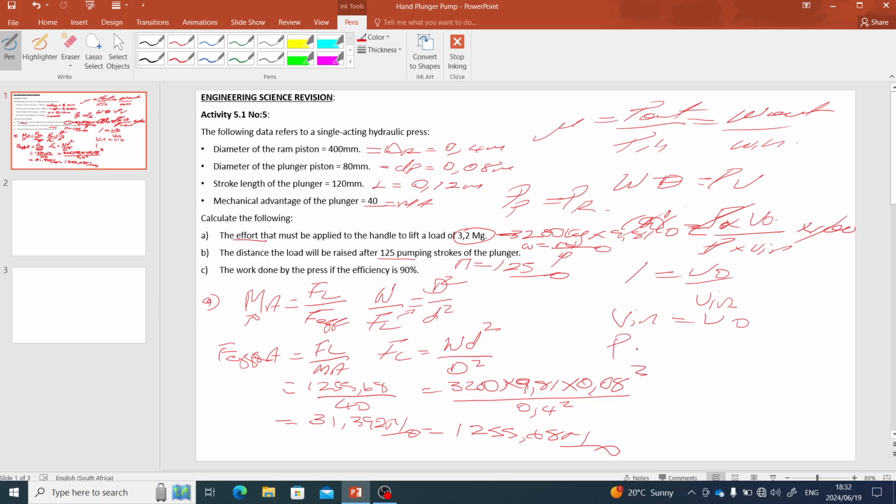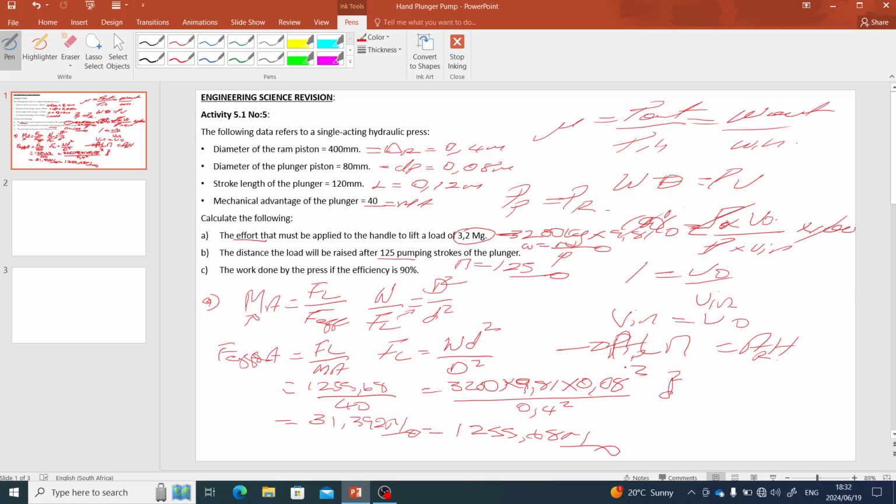Then from here, it will be area times stroke length times number of strokes equals area multiplied by height on the ram side. This is the plunger. The in part of it will be the plunger, then the out would be the ram. But there's no need for you to convert the diameters into the area. This formula is still applicable.